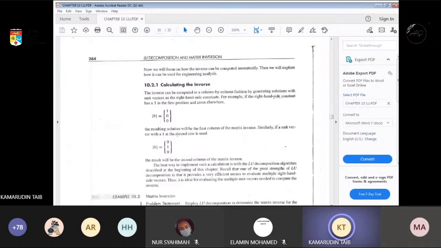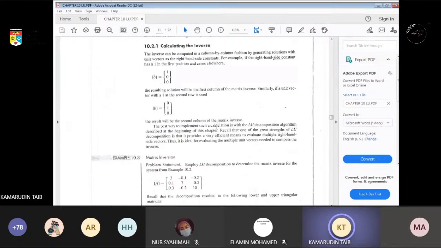If a unit vector with a 1 is positioned at the second row, then the result will give the second column of the inverse matrix. And so on. If you put 1 at the last element, the resulting solution will be the last column of the inverse matrix.